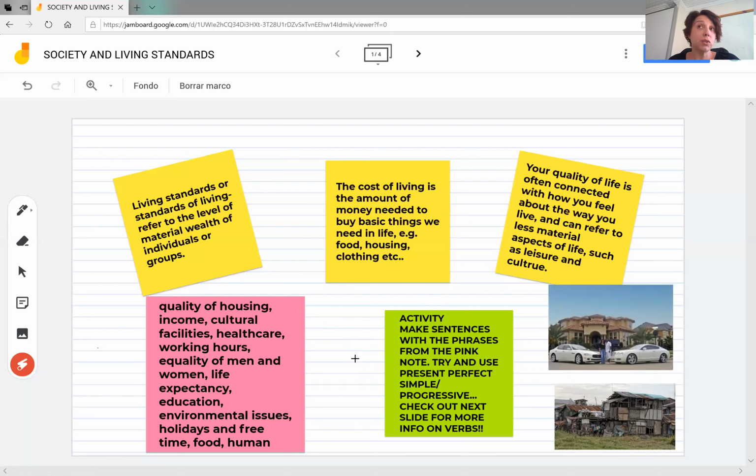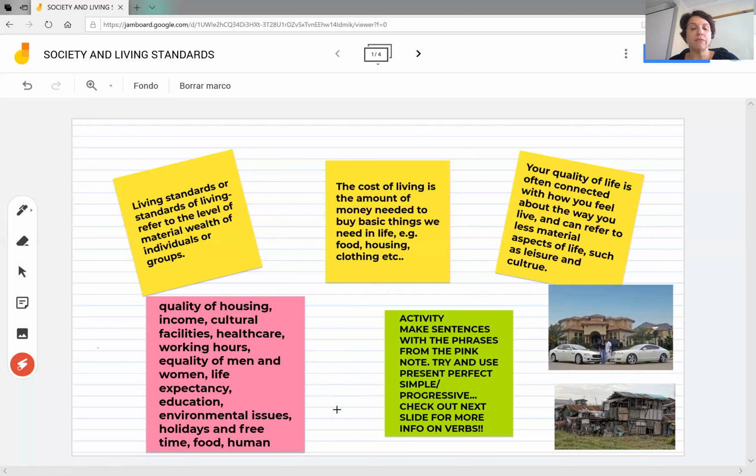Equality of men and women. Life expectancy is the amount of years we are expected to live. So, for example, life expectancy in our country is very high compared to life expectancy in Africa or in other countries.